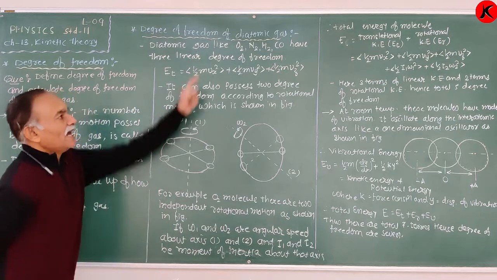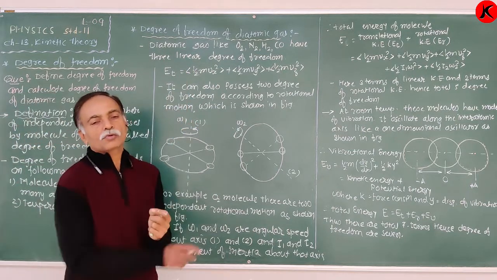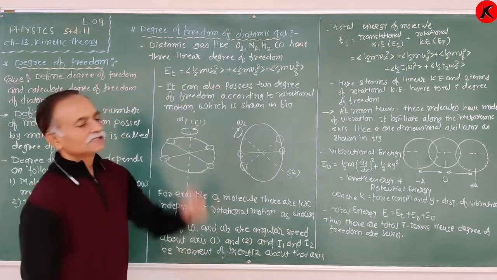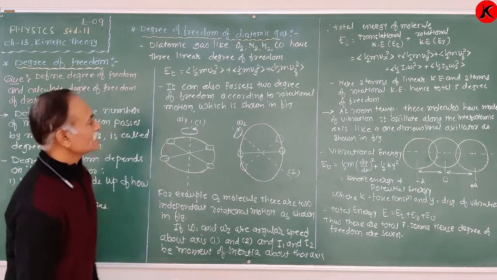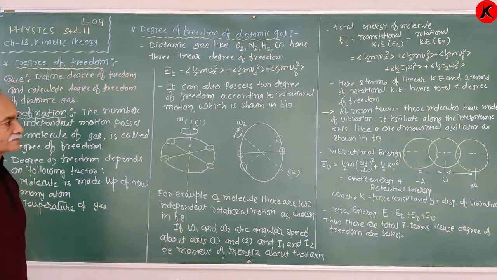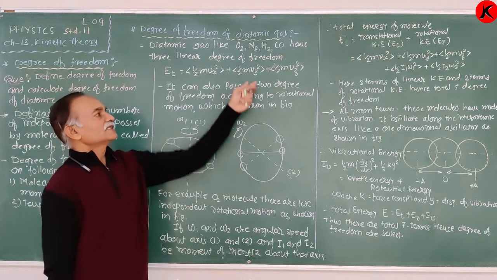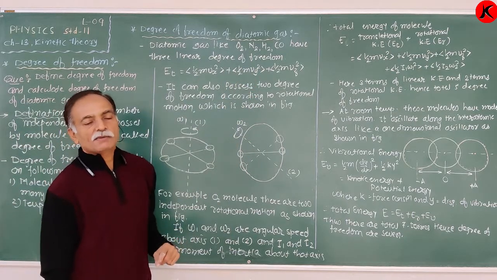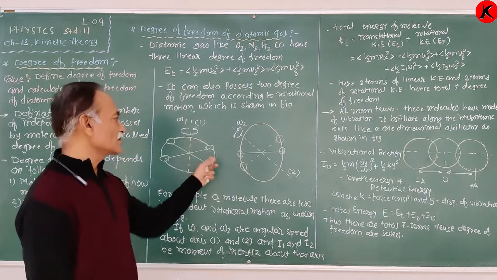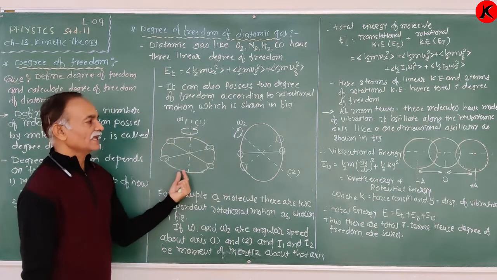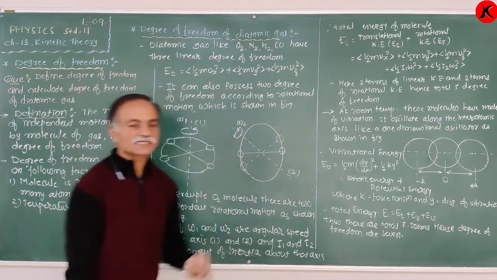Now the diatomic gas, such as oxygen, also possesses rotational motion, and this rotational motion is about 2 different axes as shown in the figure. First is the vertical axis and second is about this axis.